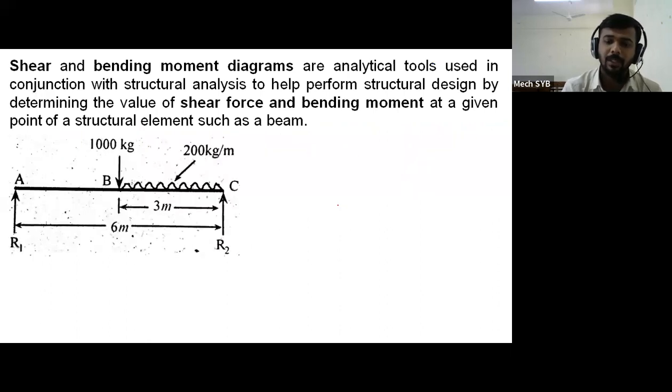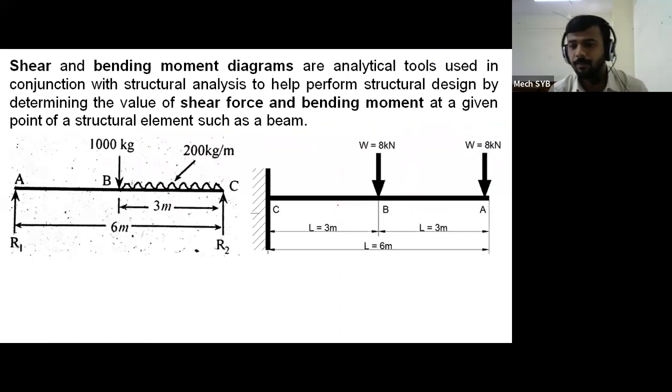Now we'll start with the introduction part, SF and BM. So before going to the SF and bending moment, that SF means shear force and BM means bending moment. Okay, before going to this basic introduction, first of all, we will discuss the beam structure. Beam is a structural element. Please keep in mind.